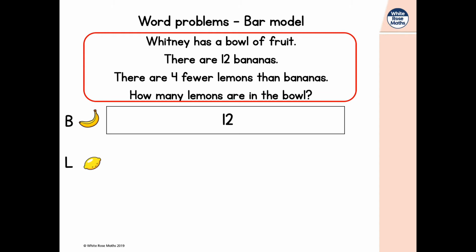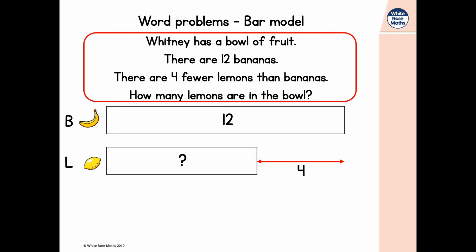We can show the lemons, but the only thing that we know is that there are 4 fewer. We actually need to find out how many lemons are in the bowl. We're going to show 4 fewer with this arrow and the number 4. And we're going to show the lemons, which we don't know, in the other bar. So what calculations can we do?